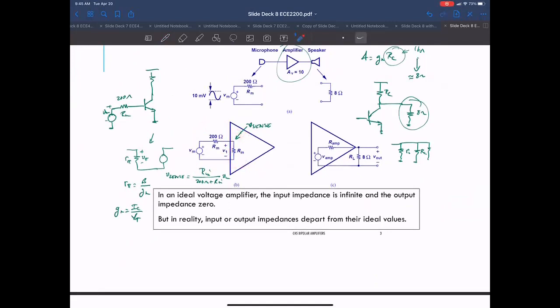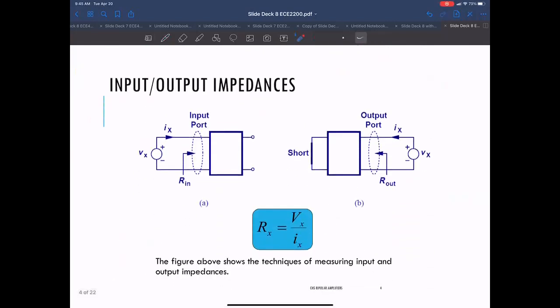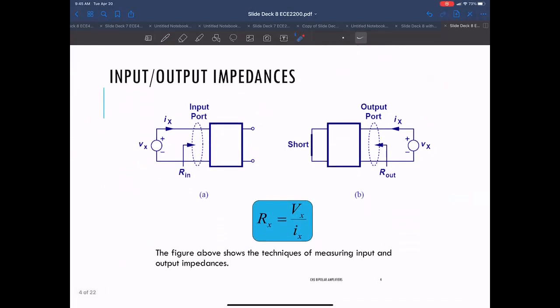I gave you guys some spoilers about what it would look like in the case of a common emitter amp, but there are lots of other amplifier types. So we need to talk about a general way of calculating input and output resistance.